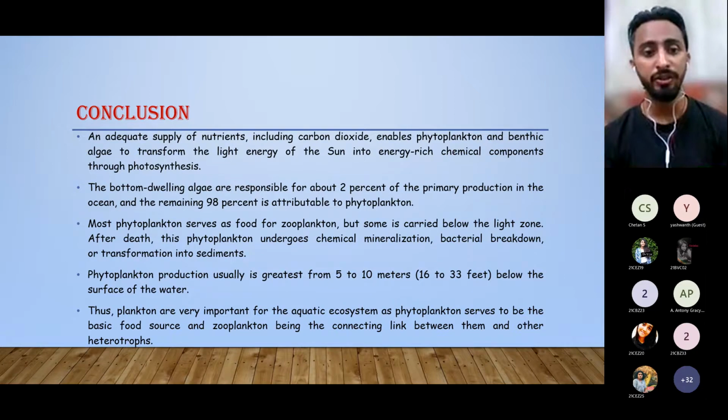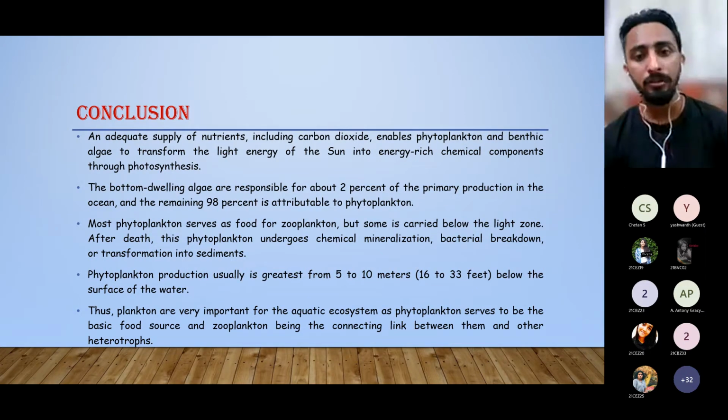Next, bottom dwelling algae are responsible for about 2% of the primary production in the ocean, and the remaining 98% is attributable to phytoplankton. So most of the primary production is due to the phytoplankton group, and the bottom dwelling algae don't play much role in productivity. Then most phytoplankton serves as food for zooplankton, but some is carried below the light zone.